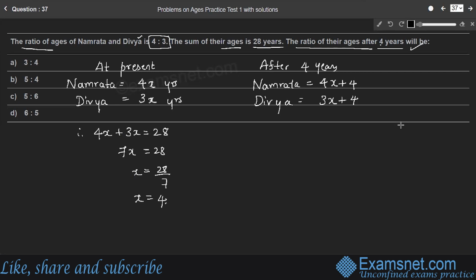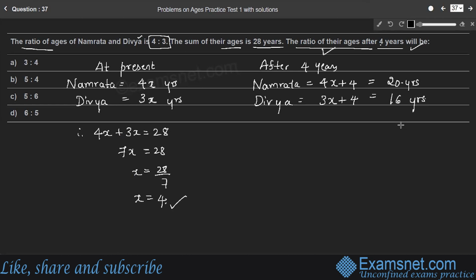Here x is 4, we'll find the value of their ages. So 4x plus 4 becomes 4 into 4, which is 16 plus 4 is 20. Namrata will be 20 years old after 4 years, and Divya will be 3 into 4, 12 plus 4 is 16. Divya will be 16 years old.